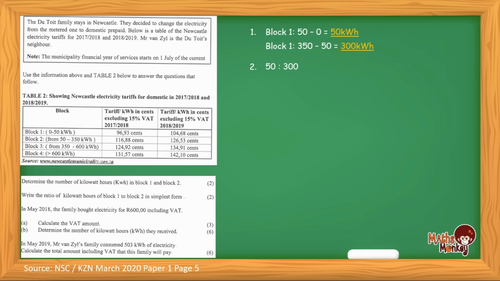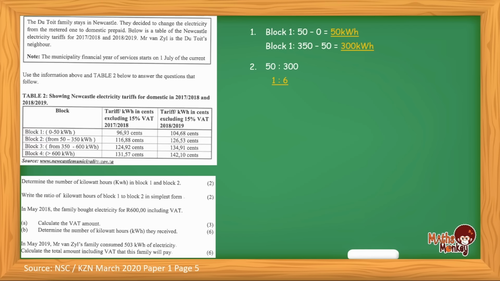But they're asking it in a simplest form, so you're going to have to simplify this. And on your calculator, you'll just say 50 divided by 300, and then you'll get an answer of 1/6. And that means that the ratio, the simplified values is 1:6.